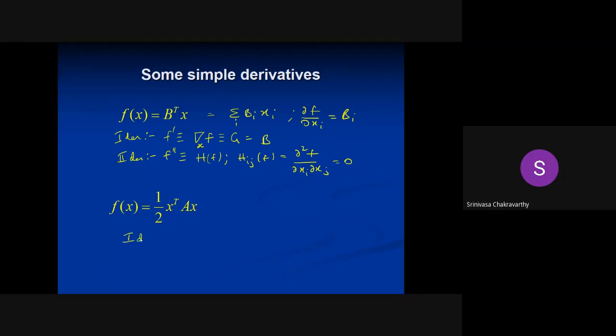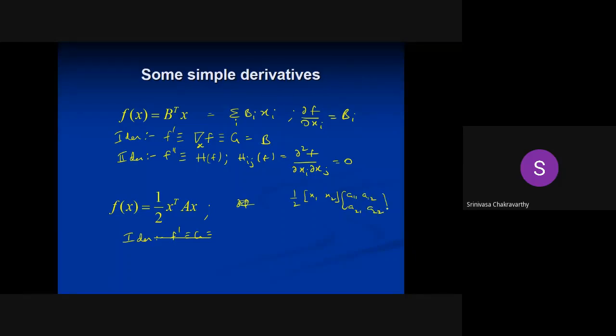If I take the first derivative, that is f prime, it is g. The derivative of this is a kind of matrix derivative, and it's easy to do, so you can take it as a homework problem. Let A be a 2 by 2 matrix. Then expand this expression, half of x transpose Ax, which will be like half of x1, x2 times a11, a12, a21, a22.